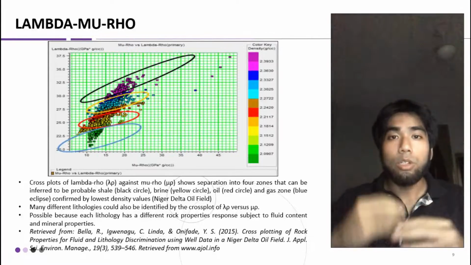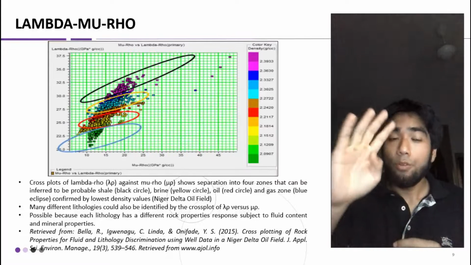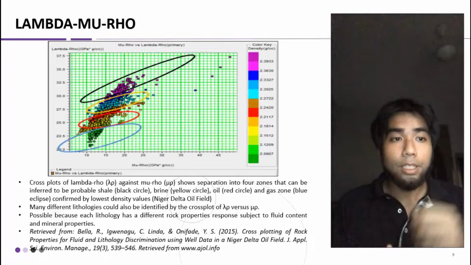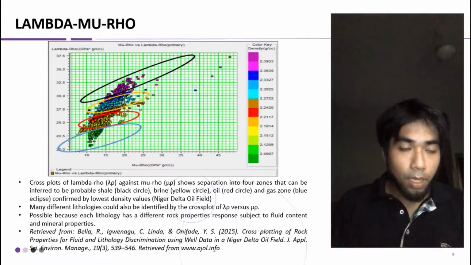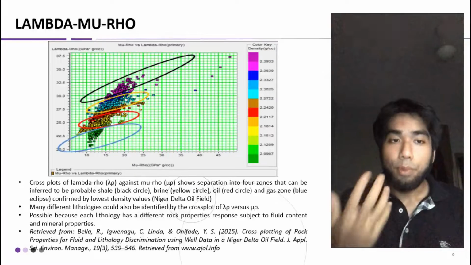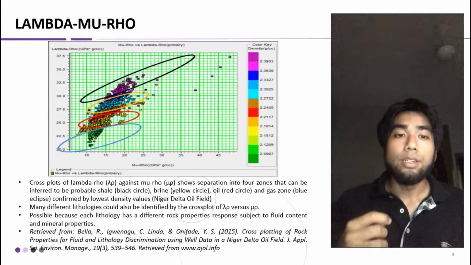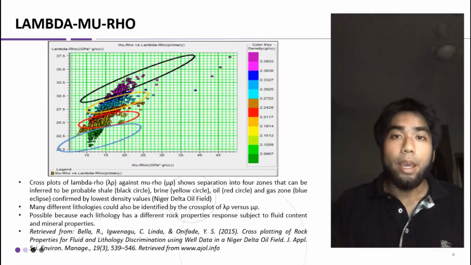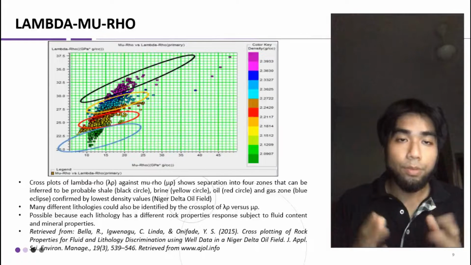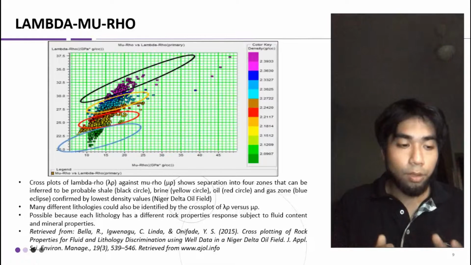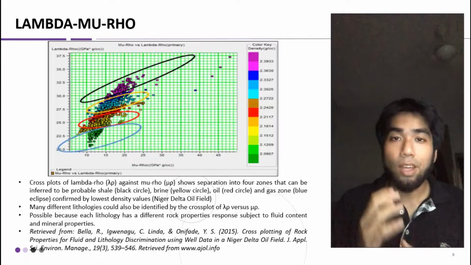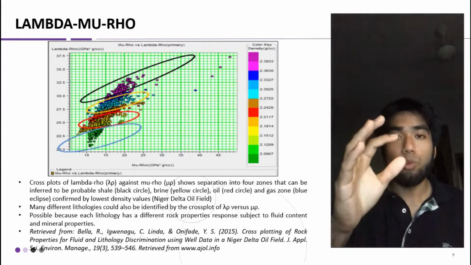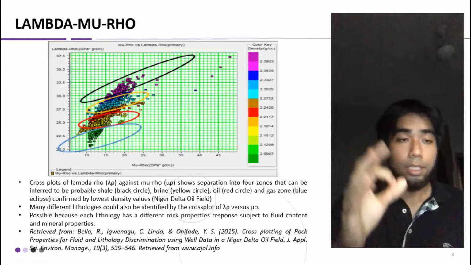We could see the separation of four zones: the black circle is probable shale, the yellow circle is brine, and the red circle is oil, and lastly the gas zone, which is confirmed to have the lowest density value, in the blue circle.